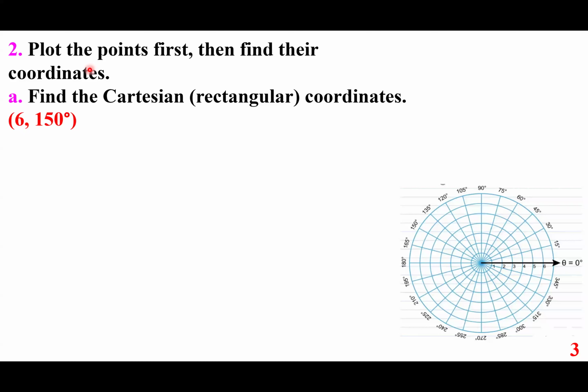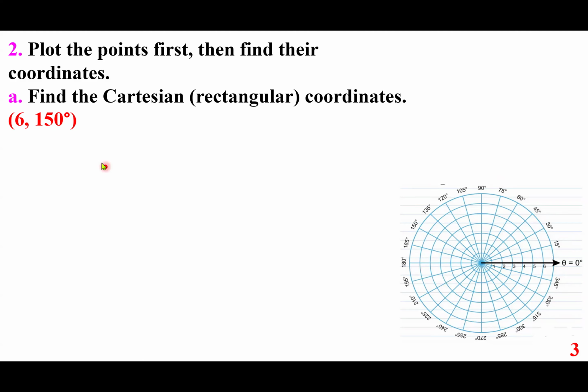Plot the points first, then find their coordinates. So we want to find the Cartesian or rectangular coordinate for this one, 6 comma 150 degrees. So if you look at the degrees around the circle here, 15, 30, so on and so forth, you can locate 150.